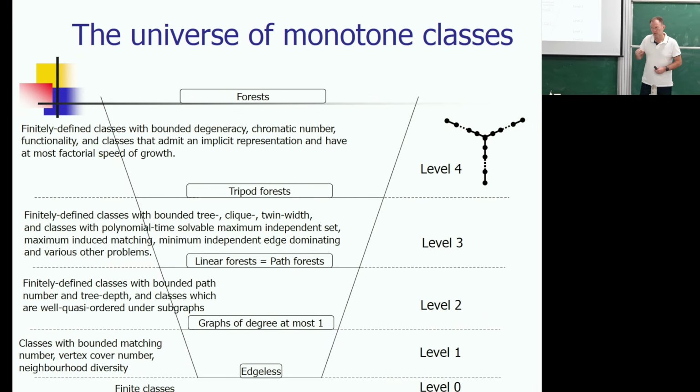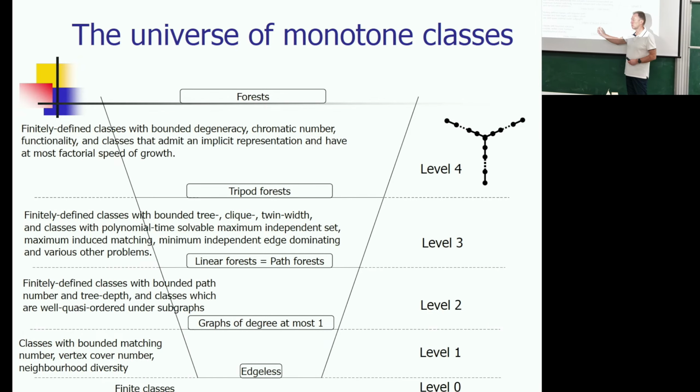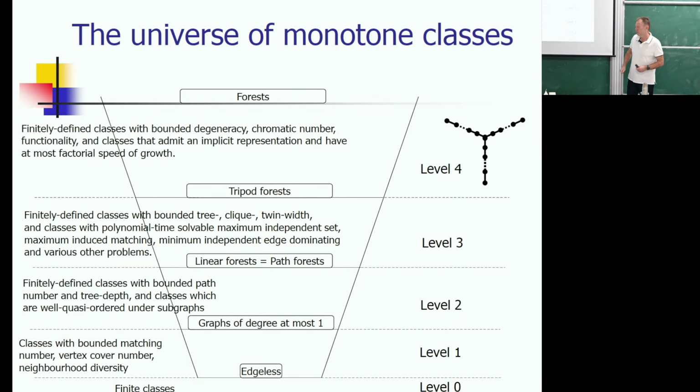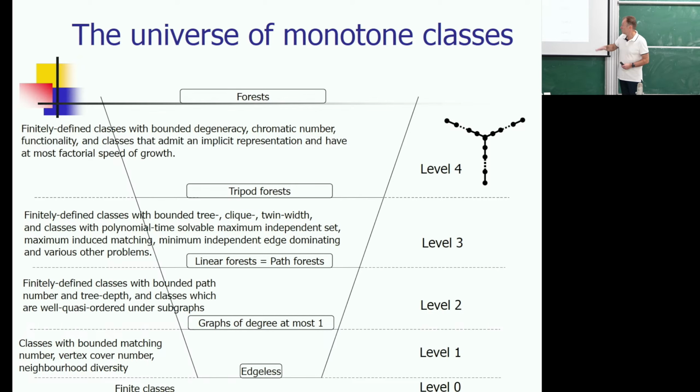So any monotone class of graphs containing all these graphs has unbounded matching number, unbounded vertex cover number, unbounded neighborhood diversity. On the other hand, if you exclude any graph from this class as a subgraph, then you obtain a monotone class of bounded matching number, vertex cover number, and neighborhood diversity.